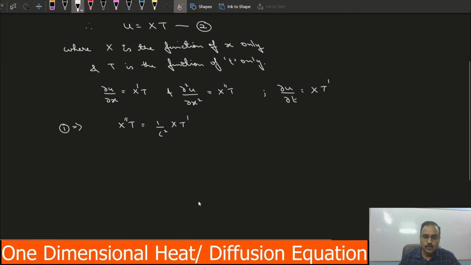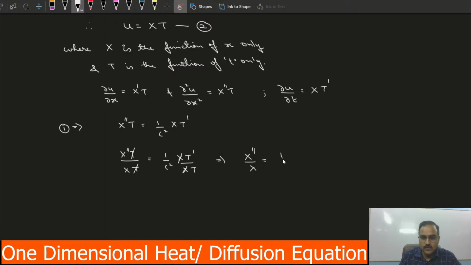Now I am dividing both sides by XT. So X''T/XT = (1/c²) XT'/XT, and T and T cancel out, X and X cancel out. So what we are getting now is X''/X = (1/c²) T'/T, and let it be equal to some constant k, say, and we name this equation number 3.